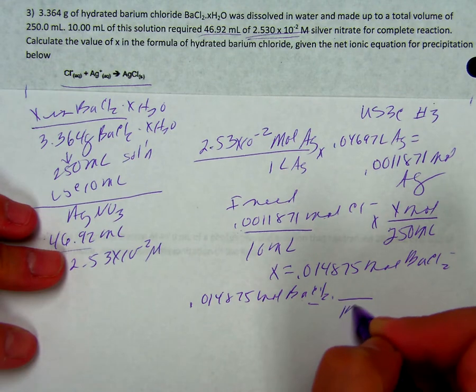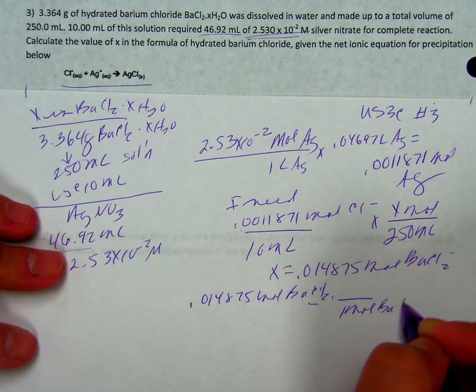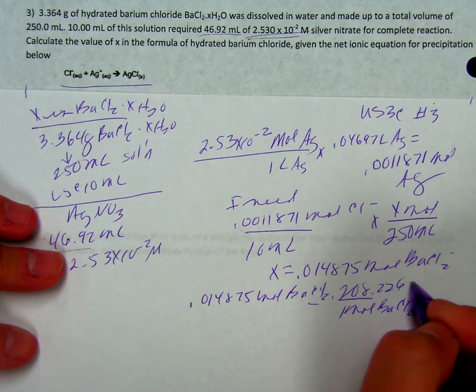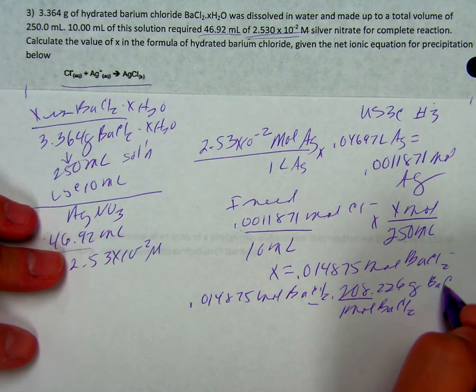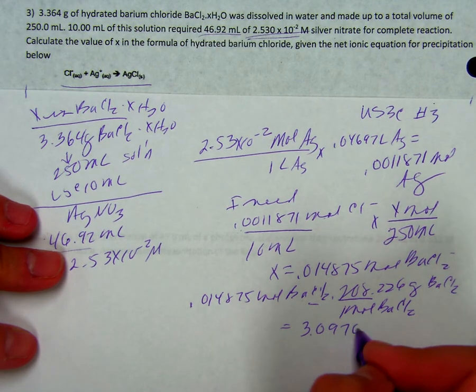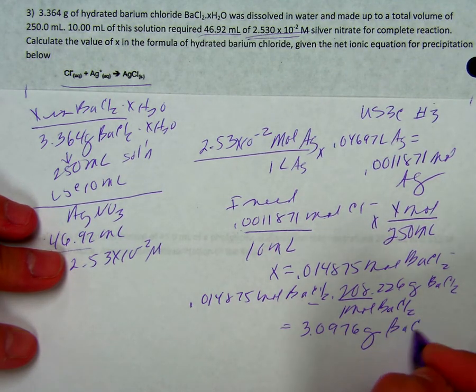What I know is 1 mole of barium chloride is 208.226 grams of barium chloride. So I need 3.0976 grams of barium chloride.